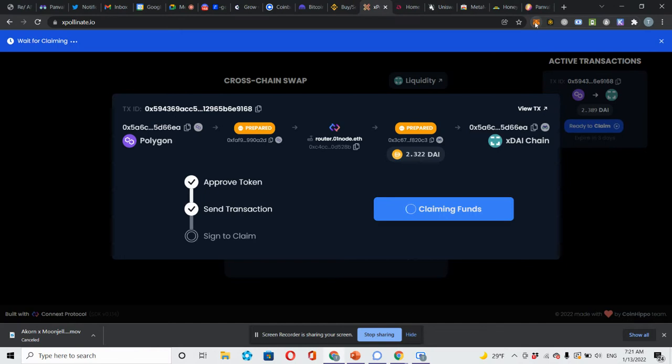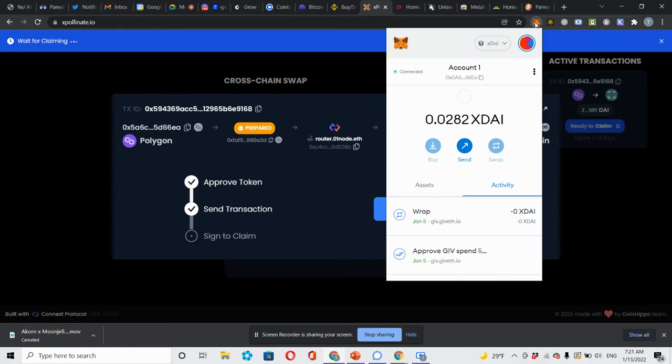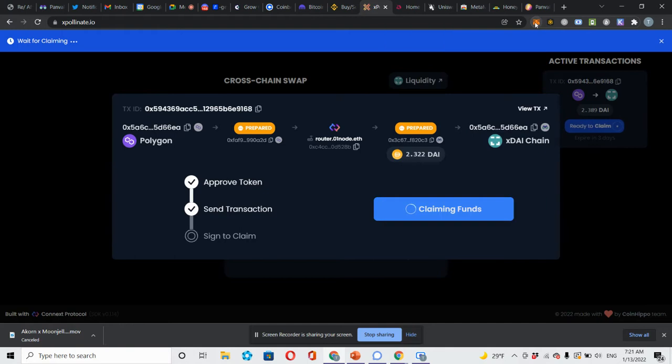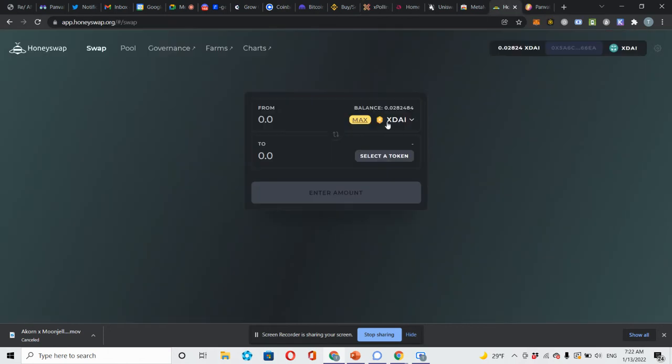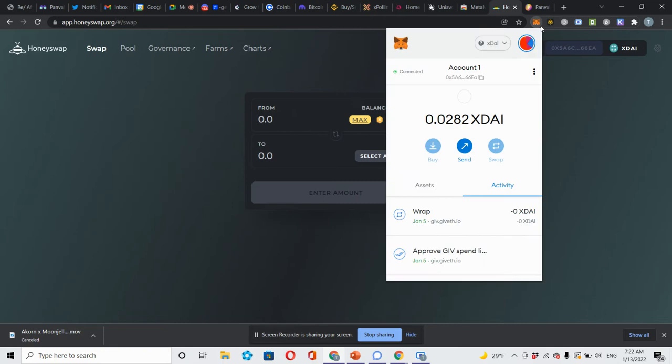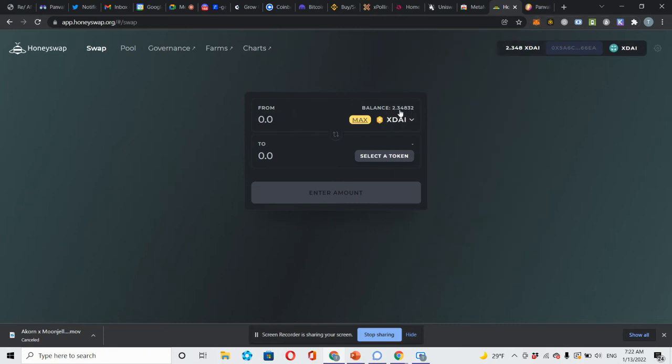And once this is complete, we'll have that amount of DAI that we just transferred from Polygon onto XDAI chain, which we can then use to buy Panvala. And we'll be transferring through HoneySwap. So now we have that amount on XDAI of the amount we just transferred, 2.3.